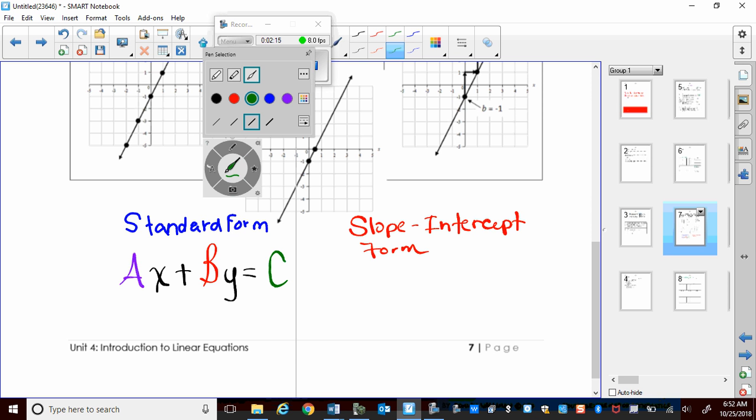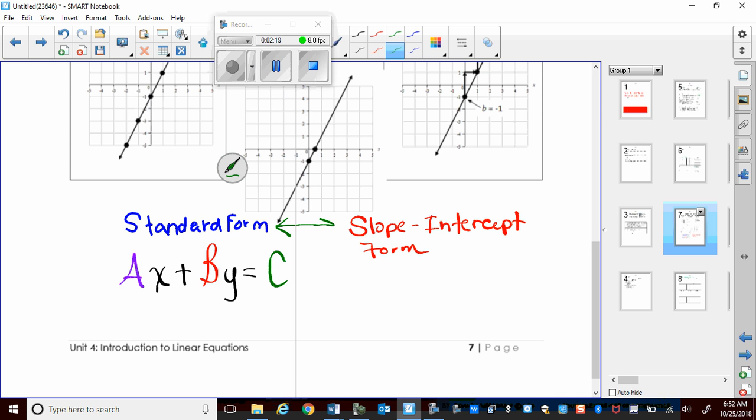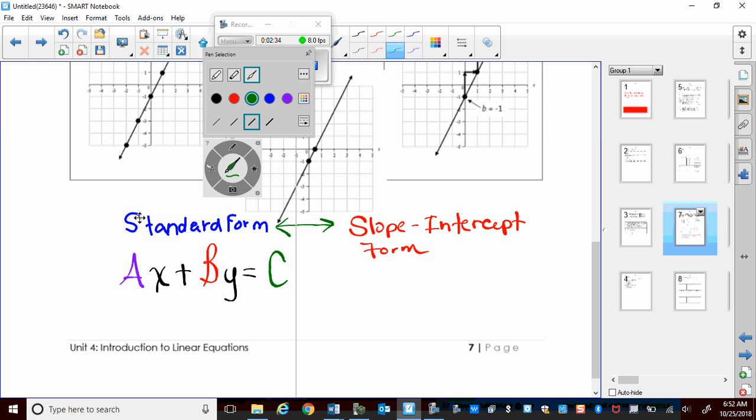So what we're going to do is often transition back and forth between standard form and slope intercept form. Now we've already gone over how to solve for an additional variable when there's more than one in an algebraic expression.